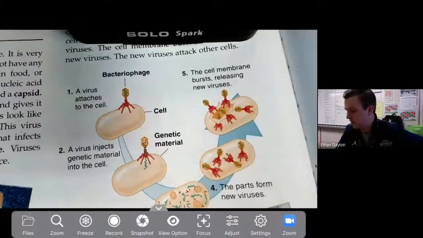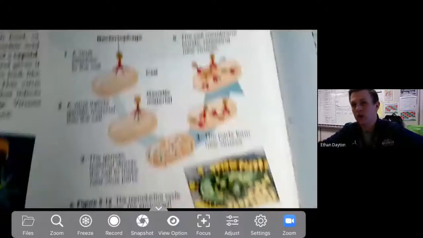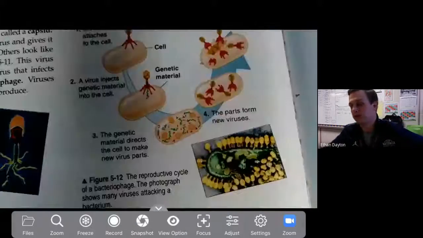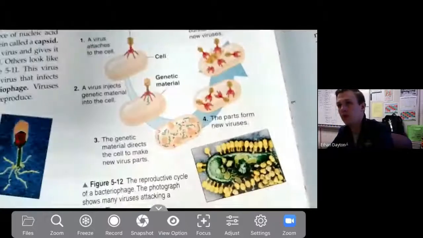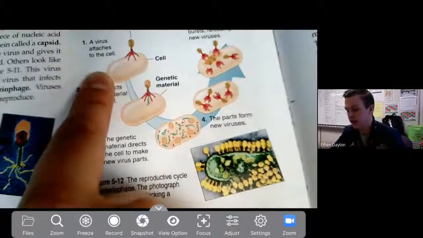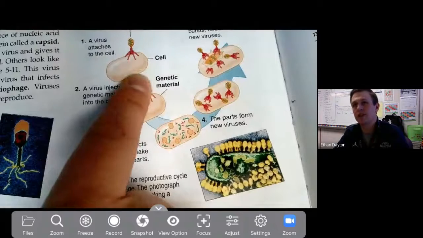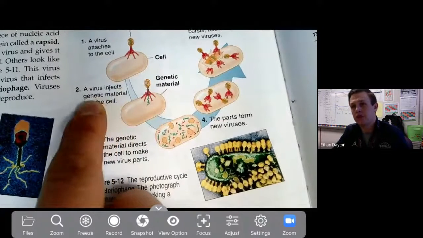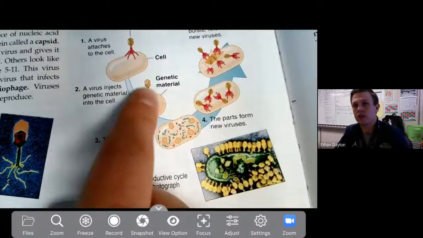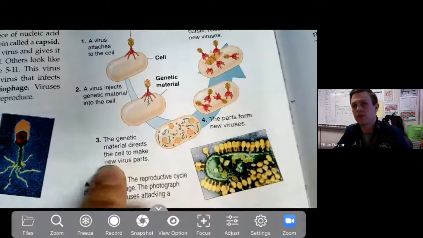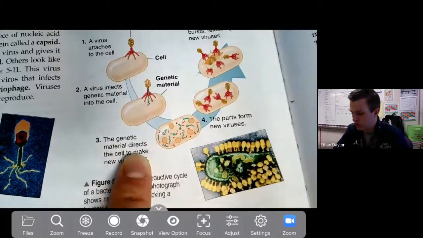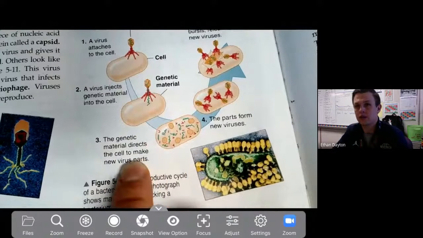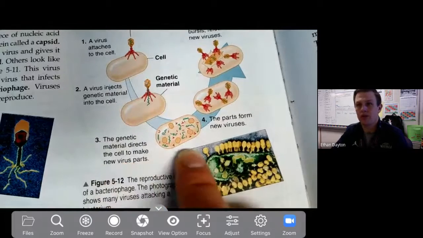This is figure 5-12 that was referred to earlier, and there is a view under a microscope here, so I'll zoom out a little bit. A virus first attaches itself to the cell of a bacterium, then the virus creates a hole and injects genetic material into the cell. You can see that going in there. Number 3, the genetic material in there directs that cell, saying, hey cell, you need to make more virus parts.